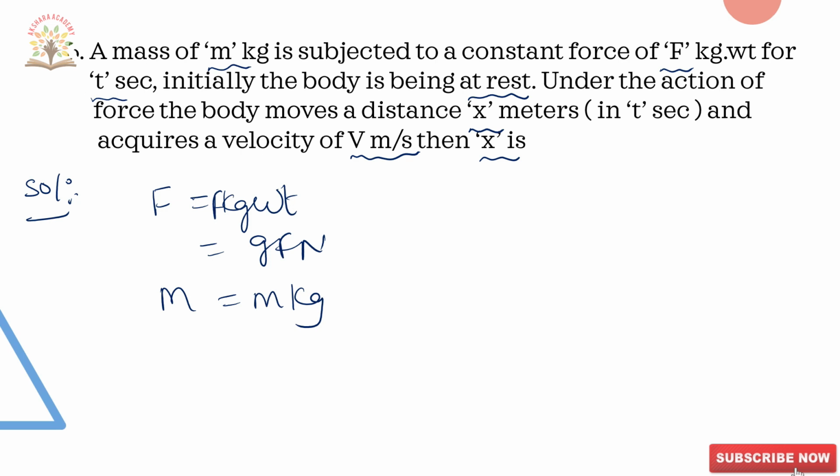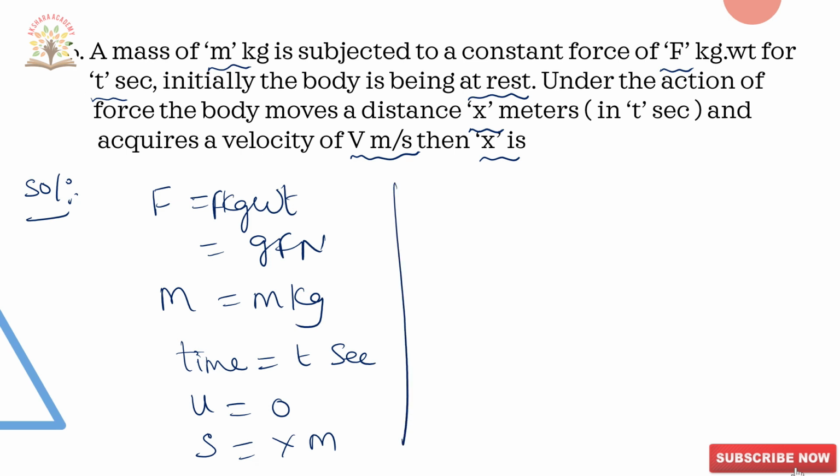Time is equal to t seconds, and u is equal to rest, that is, initially the body is at rest, so initial velocity is equal to 0. The distance is given as x meters. The final velocity is given as v.